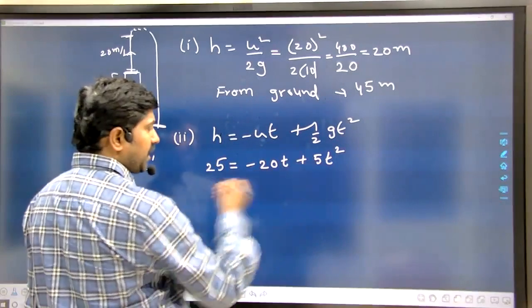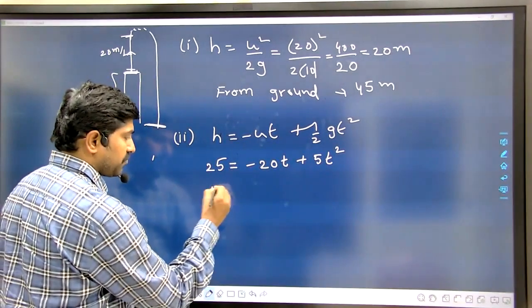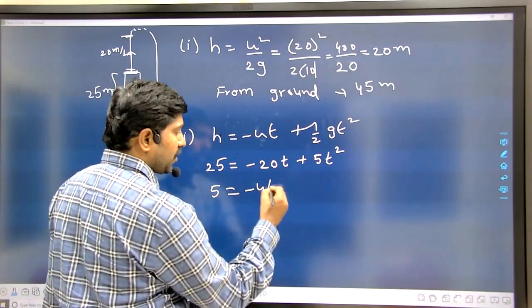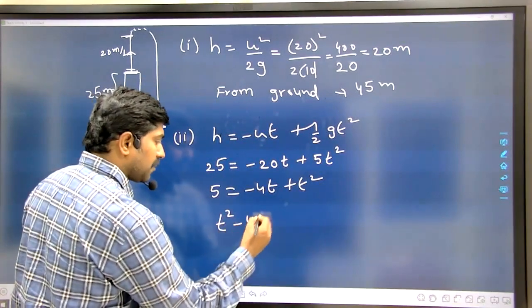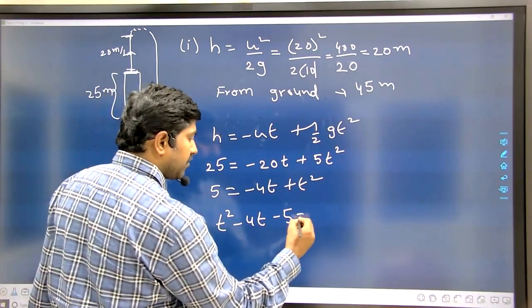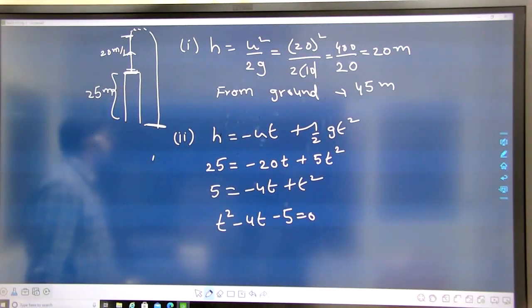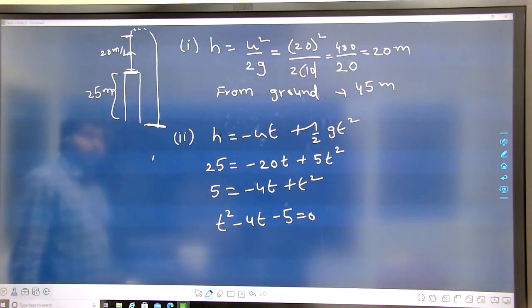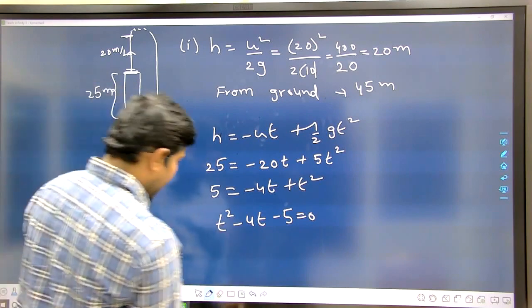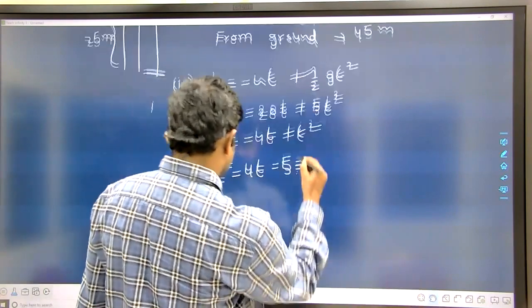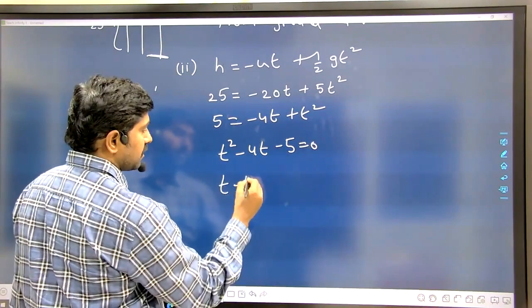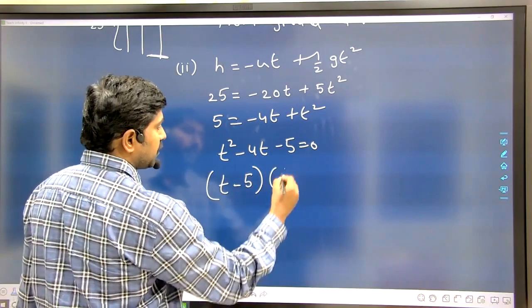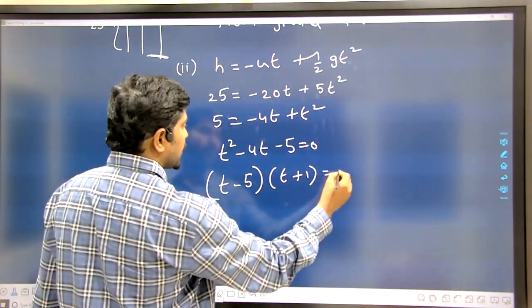If you divide the whole equation by 5, then 5 equals minus 4t plus t square, and simply you can write t square minus 4t minus 5 equals 0. This quadratic equation can be written as t minus 5 into t plus 1.